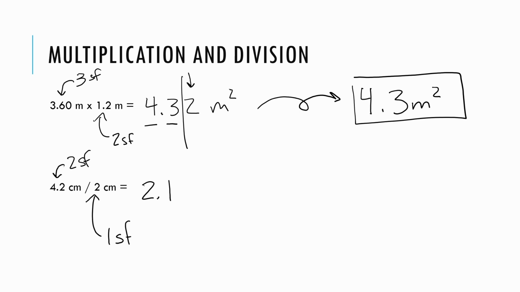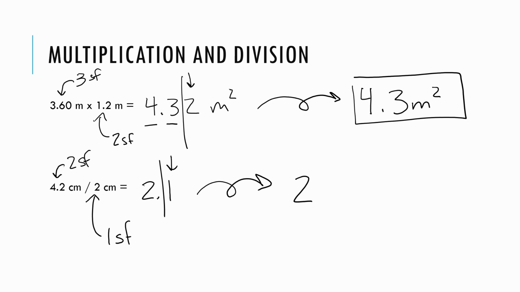We're going to do the same thing and round our 2.1. Just like before, we're going to cut it off so that we have 1 significant figure. We look at our 1, which we're throwing away, and in this case, we're going to round down and keep it at 2. That would be our answer to that particular problem.